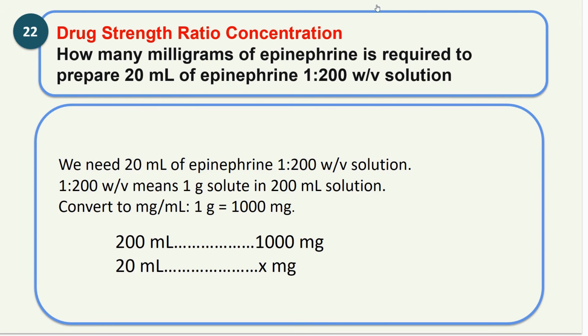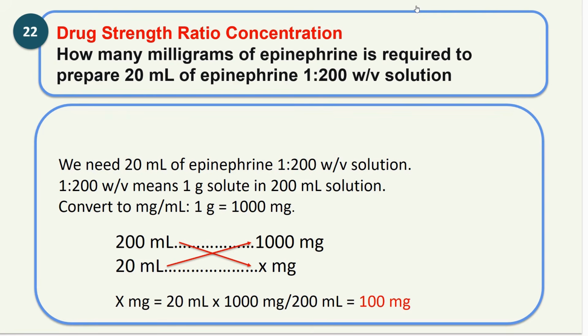Now you have 200 mL has 1000 milligrams, and you cross multiply. 20 mL is how many milligrams? If you cross multiply and then divide, you get 100 milligrams. So to prepare 20 mL, you need 100 milligrams of epinephrine.